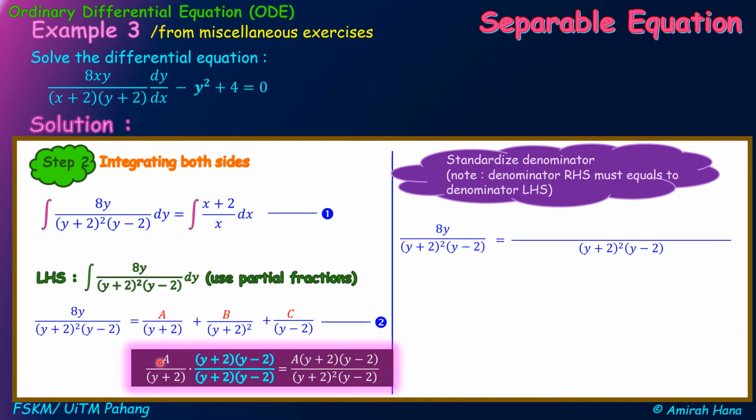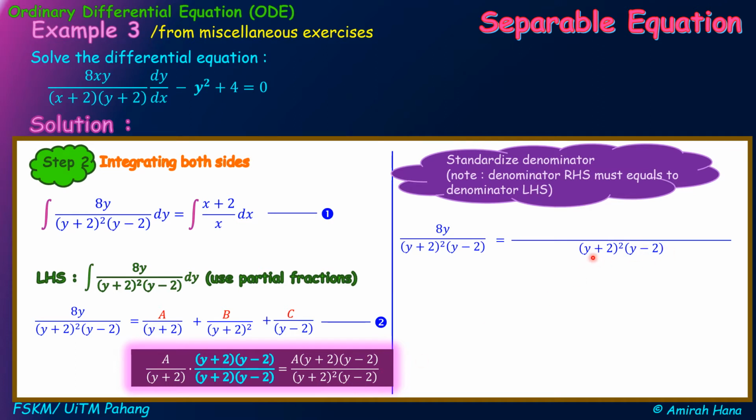Now we have denominator of A is y plus 2. So, to write into the form of denominator (y plus 2) squared times (y minus 2), we need to multiply by y plus 2 times y minus 2. Okay, so that when we simplify, we have (y plus 2) squared times (y minus 2).